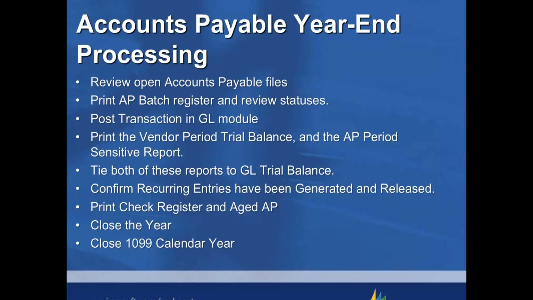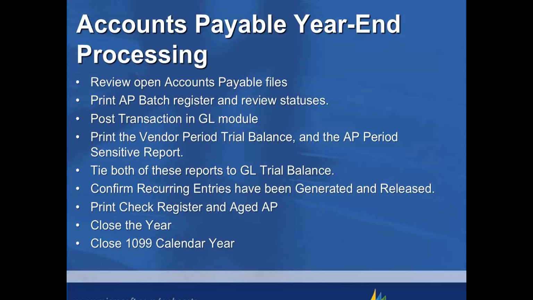Then, of course, make sure you post everything to the general ledger. You may have it set to automatically post or not. Just make sure everything gets posted. Of course, do your vendor period trial balance and tie that to the general ledger control accounts. Confirm that any recurring entries have been generated.